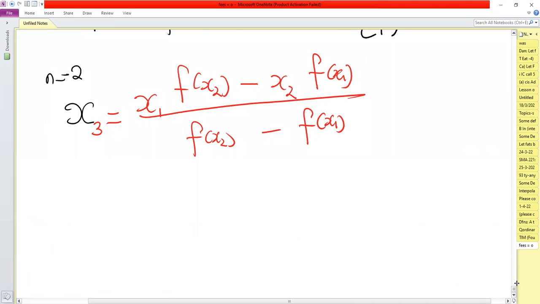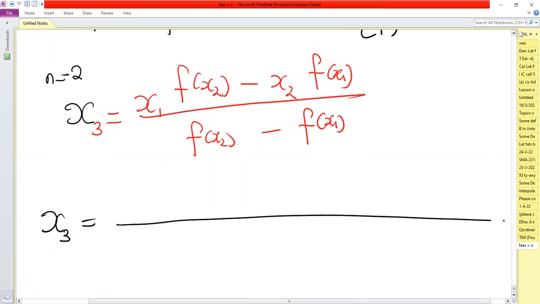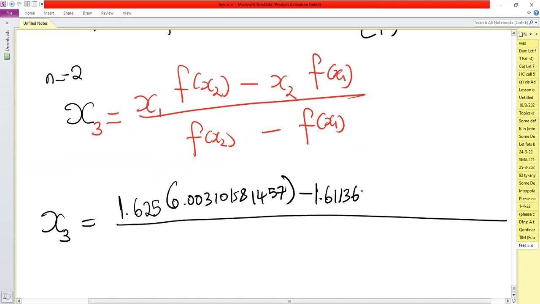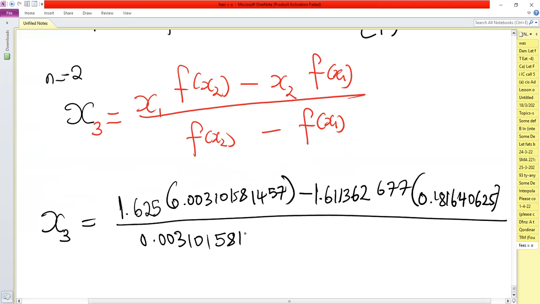So with this formula, x3 will be given by 1.625 into 0.003101581457 minus 1.611362677 into 0.181640625, divided by 0.003101581457 minus 0.181640625.